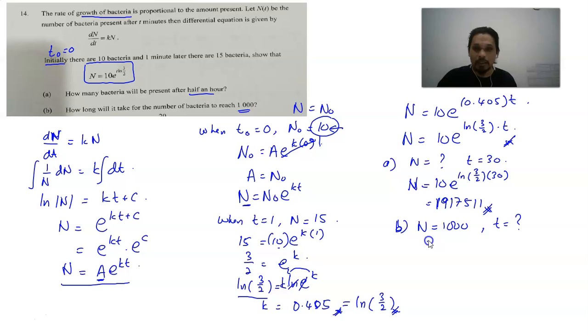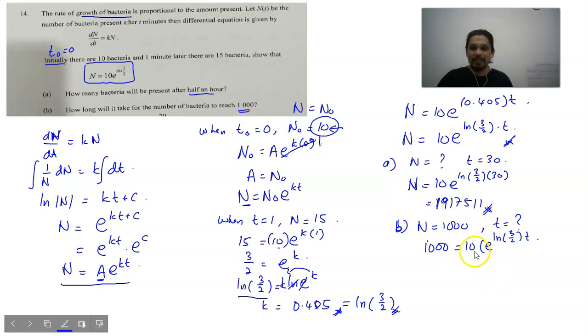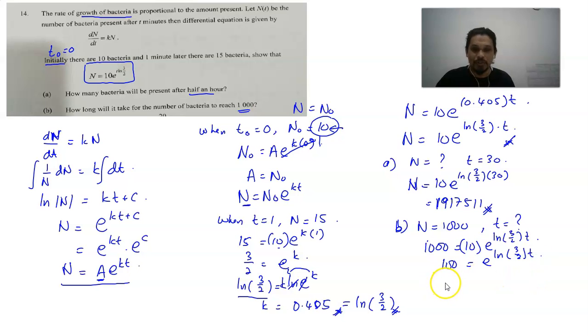Now N equals 1000, then 10 e to the power of natural log of 3 over 2 T. So 1000 divided by 10 is 100, then e power of natural log of 3 over 2 times T. For this one you may use a calculator or simplify everything.